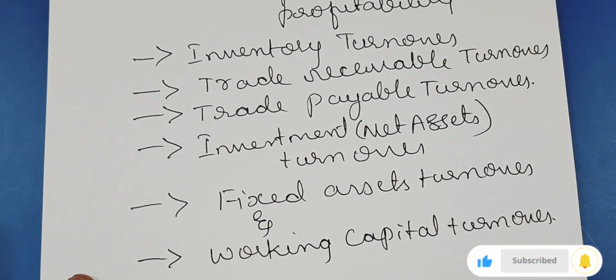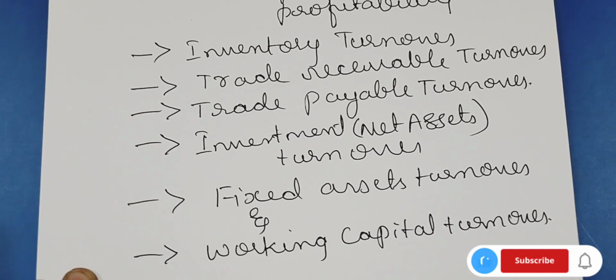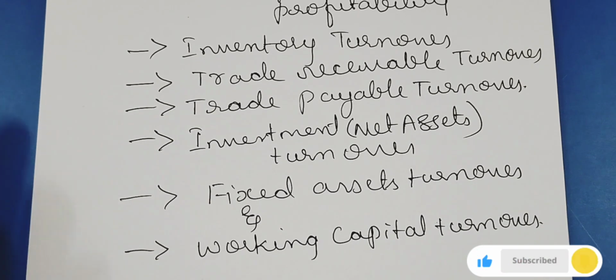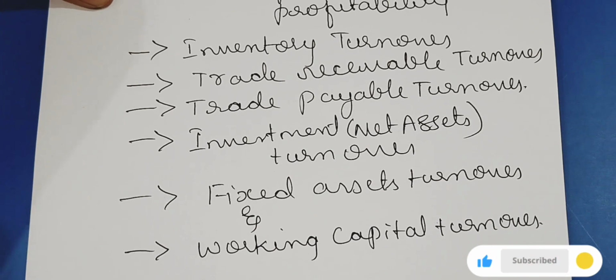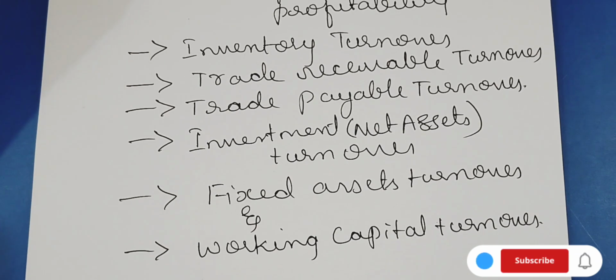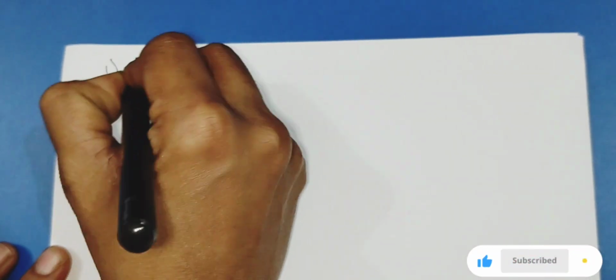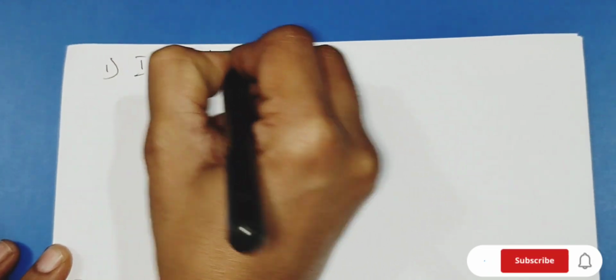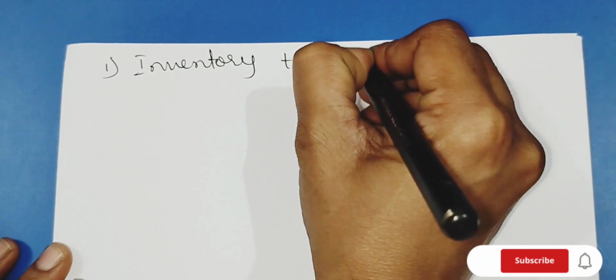See, these all the ratios, mainly the turnover ratio will help us to understand the revenue from sales. So we can also call these our sales ratios. The first ratio is inventory turnover ratio.